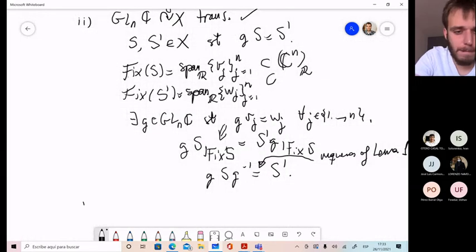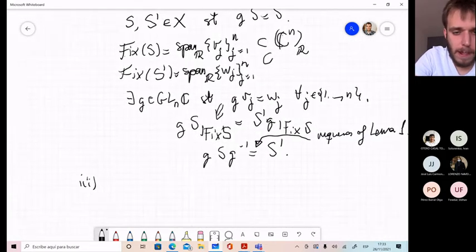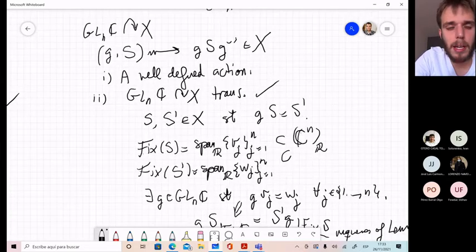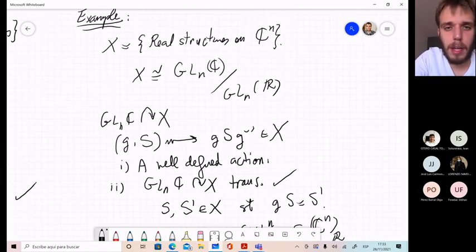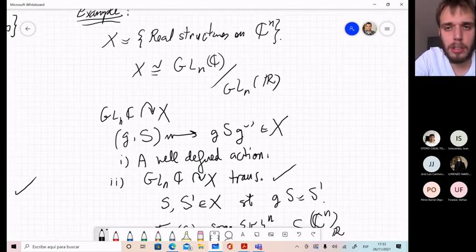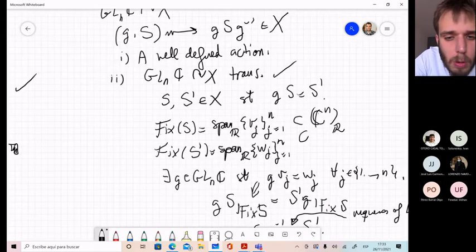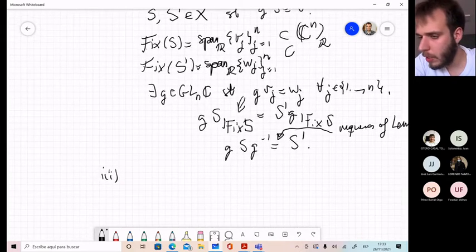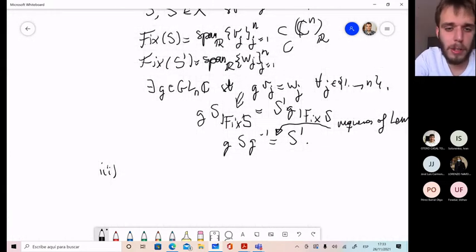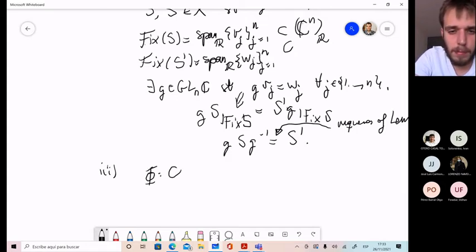And now I am going to compute the isotropy at some specific point of X, some real structure on C^n. So what is your favorite real structure of C^n? The standard complex conjugation. How is this defined? It is defined in the following way.